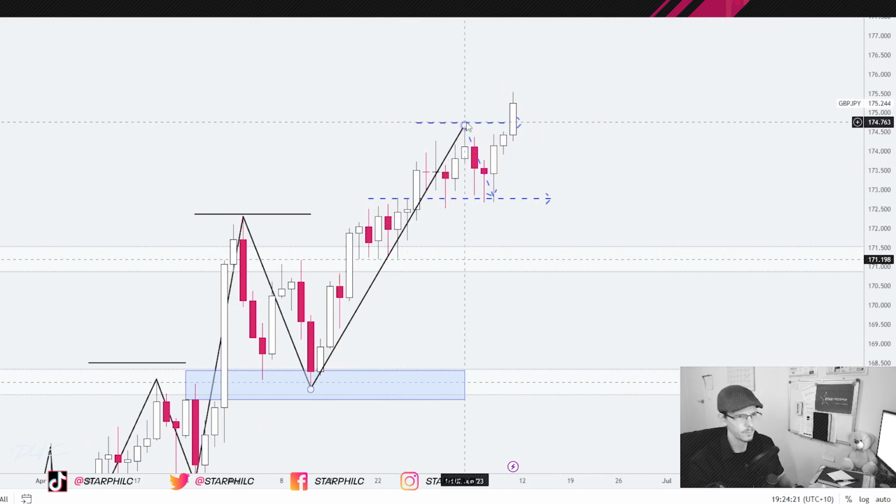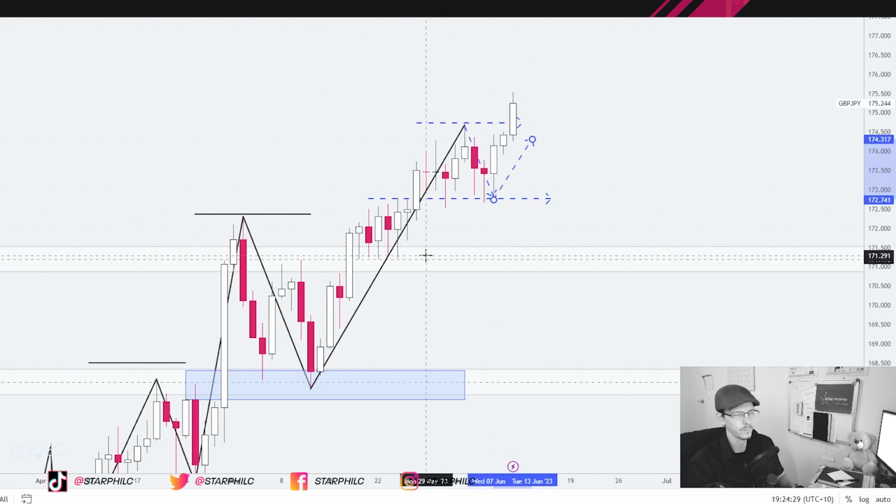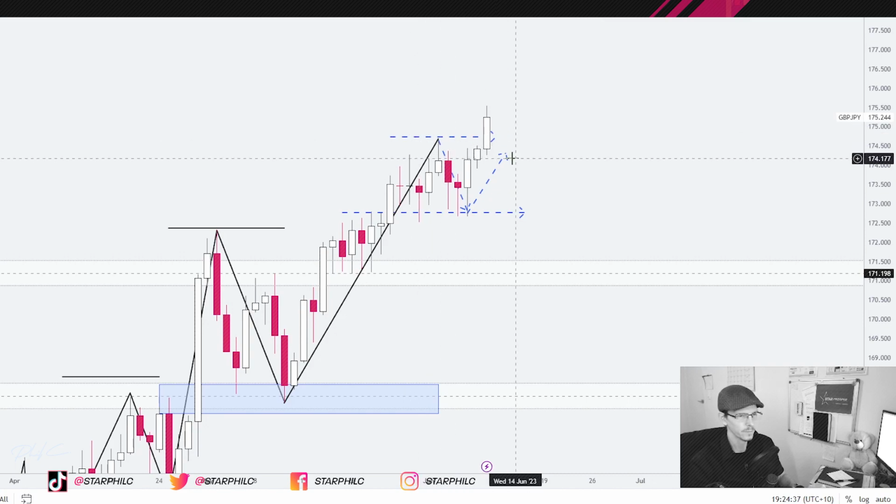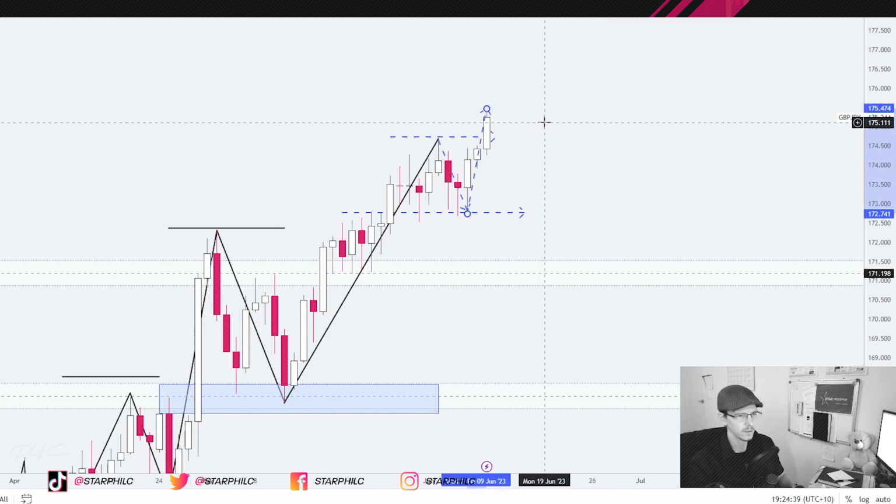We came up, then we came all the way back down, then we touch this, and then we shoot towards the upside already, right? So we have a close above. See this candle here? Closing above these highs right here. So then we are waiting for the same thing to play out.